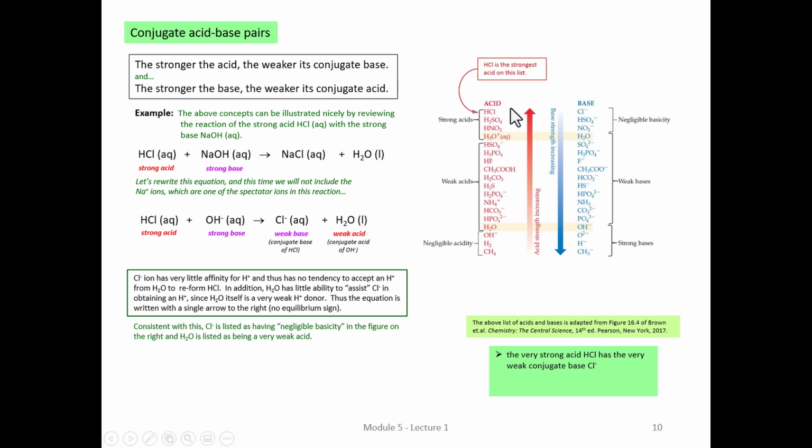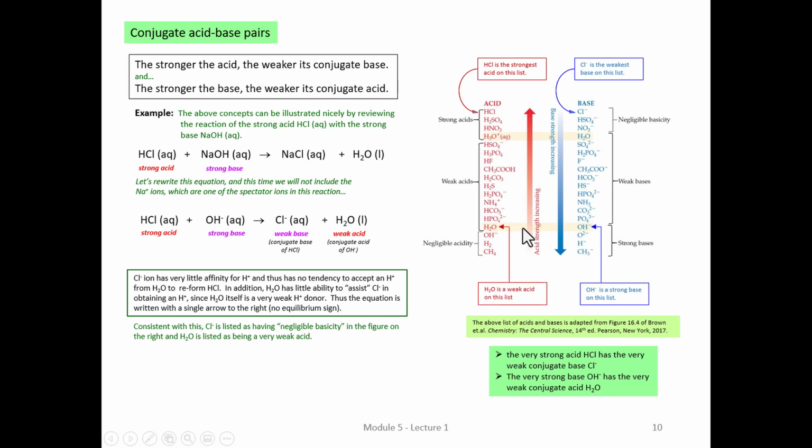So I mark HCl as a very strong acid on this list. Its conjugate base over here is the weakest base on the list. Remember, we said the stronger the acid, the weaker the conjugate base. The very strong base OH- has the very weak conjugate acid H2O. So here I show you where hydroxide is on the list. It's a very strong base on this list, and its conjugate acid H2O is a weak acid on the list. The stronger the base, the weaker its conjugate acid.